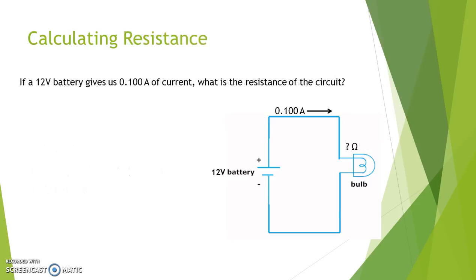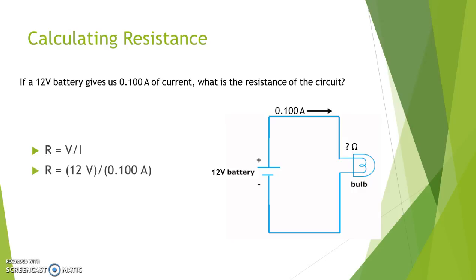And of course, we can flip that around for the other calculation that's implied by that equation. So in this case, if a 12-volt battery gives us 0.1 amps of current, we can determine the resistance by, again, rearranging our equation, R equals V over I this time.